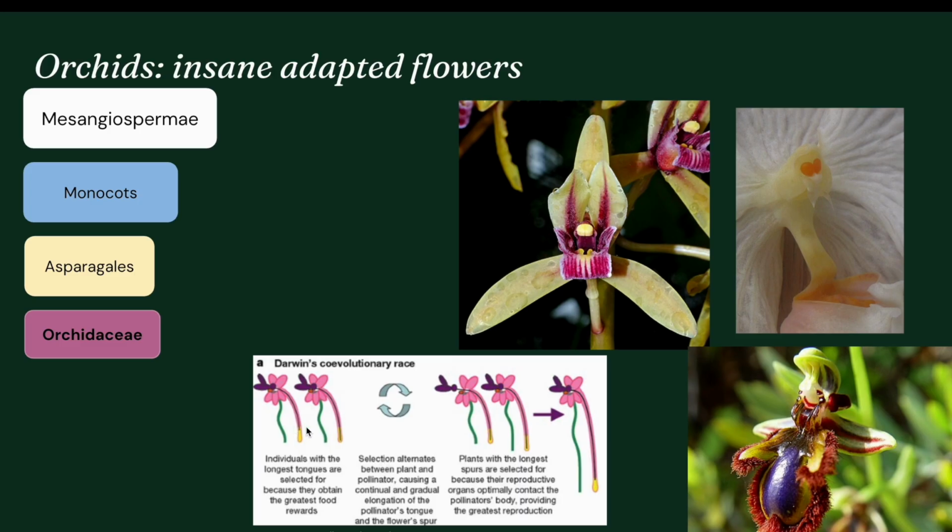If insects have longer tongues, they'll live because they can eat the nectar. And then plants with longer spurs, I guess is what these are called, are also living more because then the insect contacts more of the pollen-bearing glands.